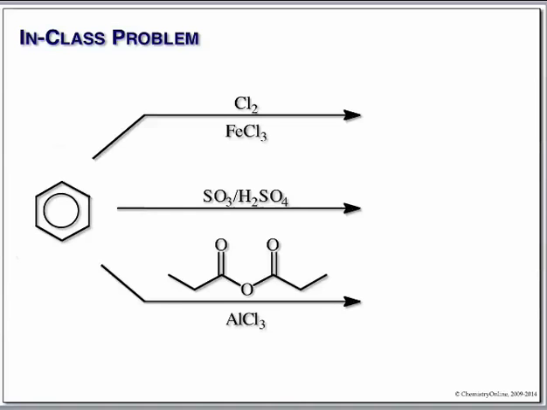Chlorine in the presence of iron 3 chloride. Chloronium ion is going to be our electrophile. We lose our hydrogen, and we would simply make chlorobenzene.